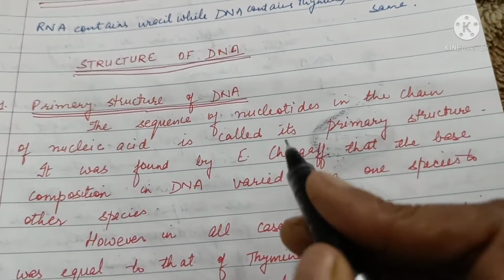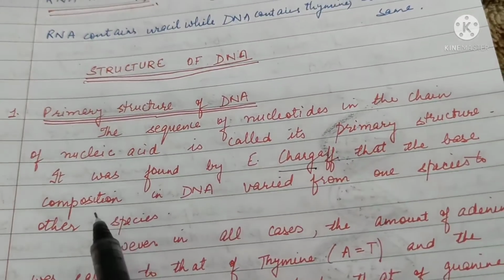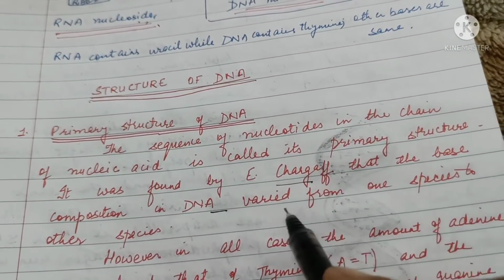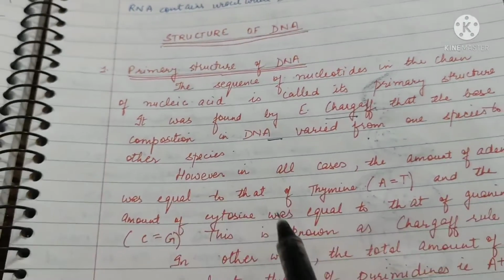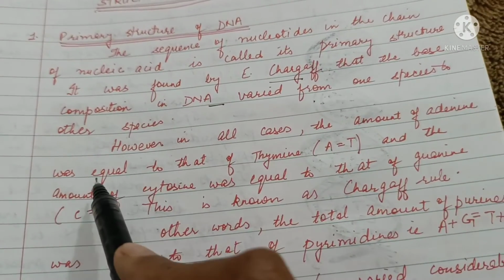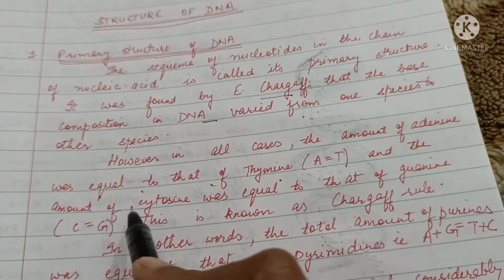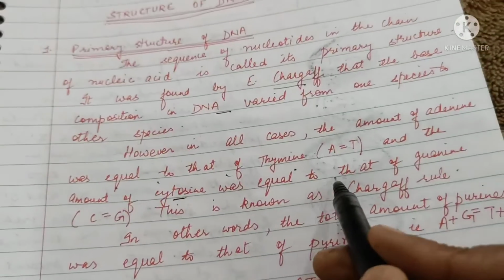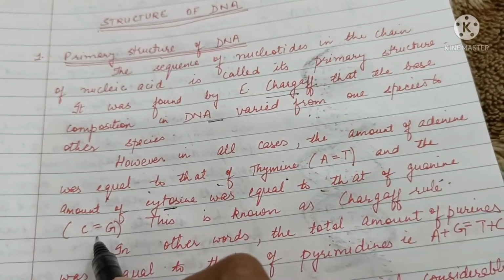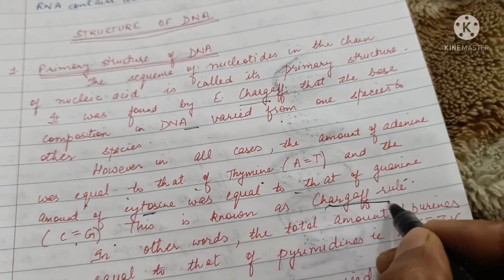It was found by E. Chargaff that the base composition in DNA varied from one species to another species. However, in all cases, the amount of adenine was equal to that of thymine, and the amount of cytosine was equal to that of guanine. C is equal to G. This rule is known as Chargaff's rule.